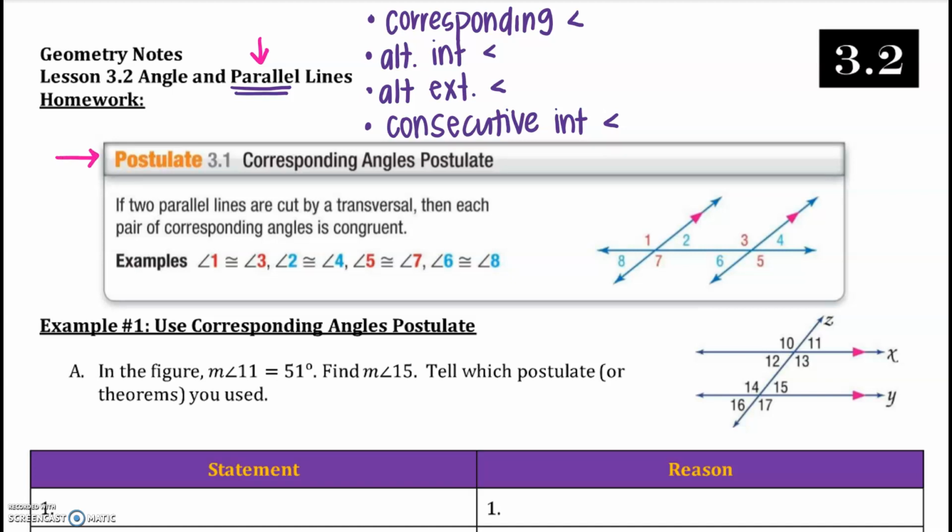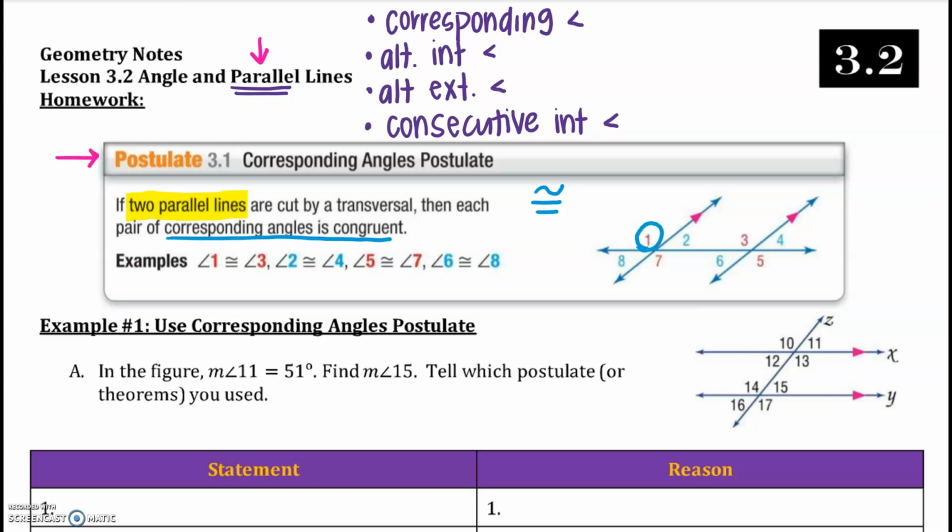So it says if 2 lines are parallel and are cut by a transversal, so we have those 3 lines, then each of the corresponding angles are congruent. So corresponding angles are going to be congruent. Just as a reminder, corresponding angles are ones that lie on the same side of those parallel lines.